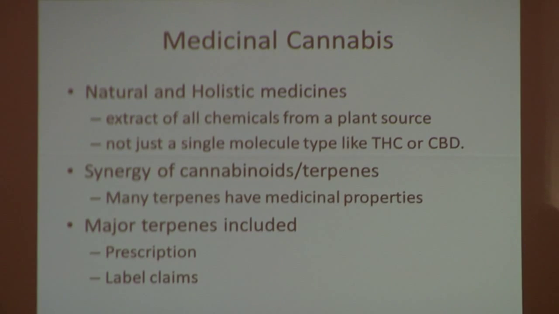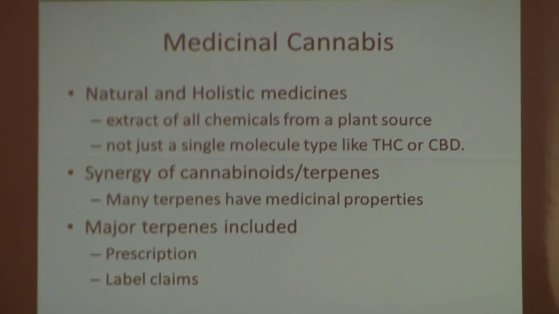Now on the medicinal side of cannabis, natural and holistic medicines basically get their roots in extracting all of the chemicals from a plant source, and not just one single molecule like THC or cannabidiol. But here we're using the synergy of the cannabinoids and the terpenes to create medicinal effects. And many of the terpenes have medicinal effects in and of themselves.